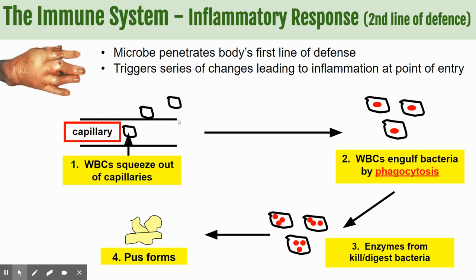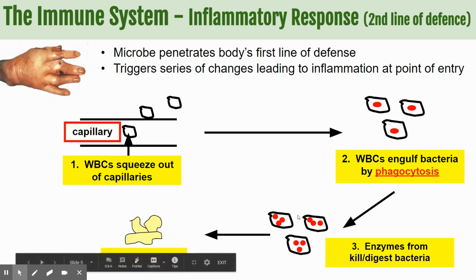Wherever that pathogen is nearby, the white blood cells traveling in those capillaries are going to try and squeeze out of the capillaries, and if the pathogen is a bacteria, they're going to engulf that bacteria. They kind of blob over top of the bacteria. That's called phagocytosis, and it brings the bacteria into the white blood cells, where the white blood cells have enzymes that can kill those bacteria inside them. And you can get some pus here.